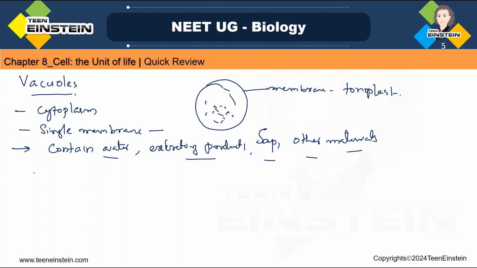And the vacuole occupies 90% of the volume of a cell in a plant cell.